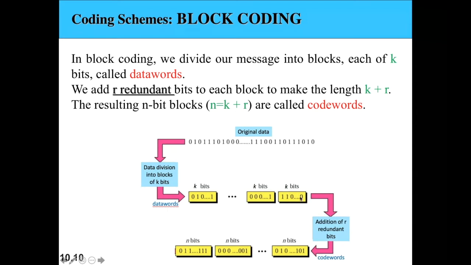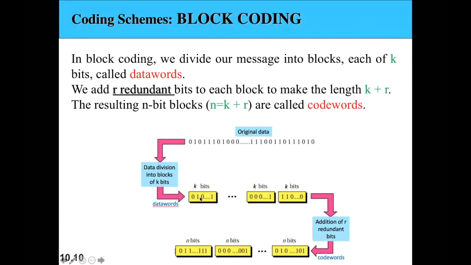For block number one, we generate the extra information and append it with the block. Then for the second block, we generate the extra information and append it with the block. Then for the third block and so on, for the last block, we also generate extra information and append it. Now these data words appended with extra information are called code words.